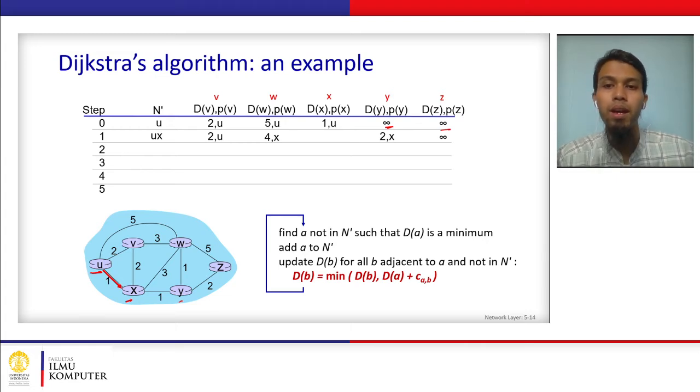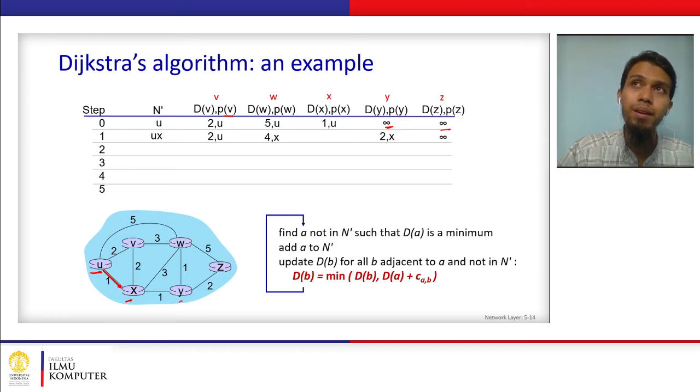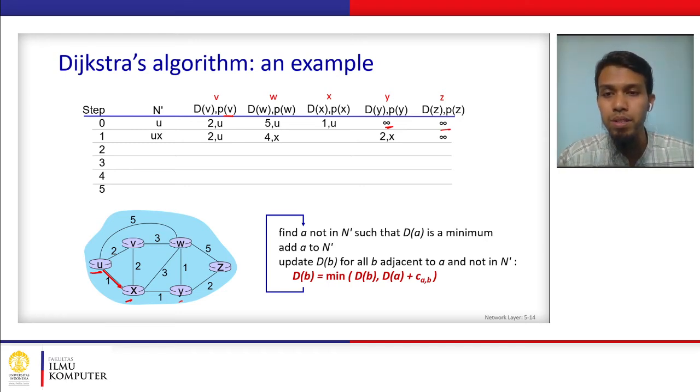Oh yeah, and I forgot to mention one thing. PV is the predecessor node. So in the initial step 0, all the paths have the predecessor node of u, because they go directly from u. But now in the second iteration, for example, from x to w, if we are taking the direct path, the cost is 5.